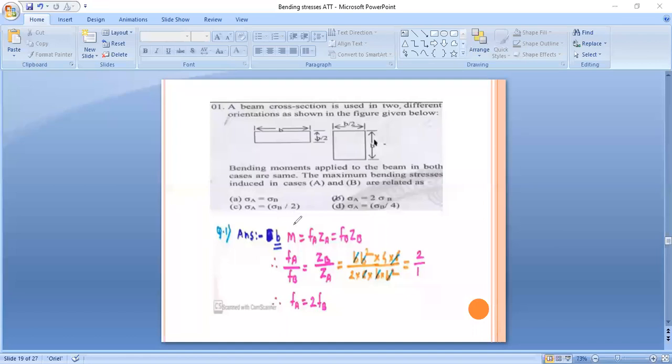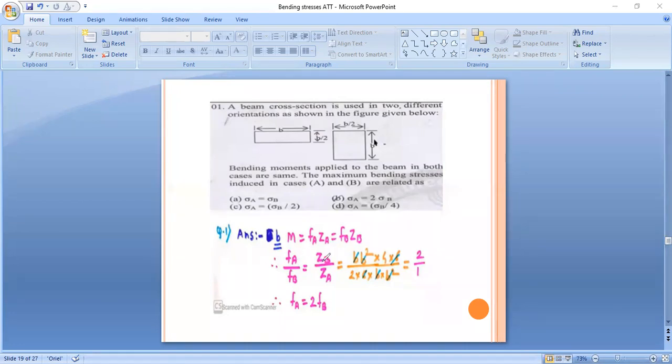Now we will find out. So M, the bending moment, is the same. So sigma into Z, moment of resistance, is equal to strength into section modulus. So strength for A and section modulus for A is equal to strength for B and section modulus for B. So FA divided by FB is equal to ZB divided by ZA.